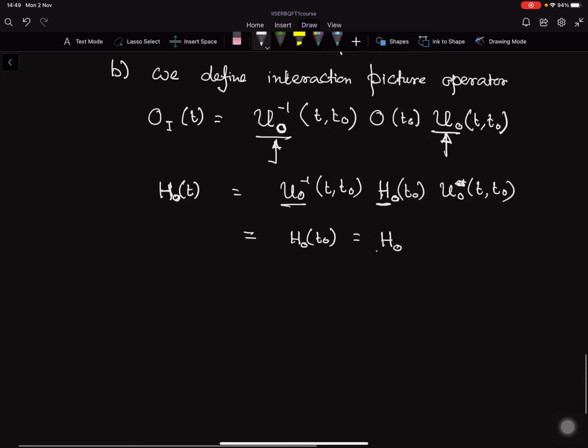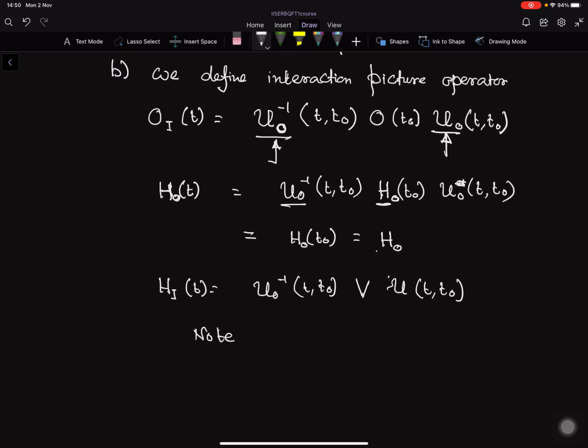But let's now try to consider the evolution of the interaction part. So this is the same as u0(t minus t0) times V, our interaction part, times u0(t minus t0). Okay, but note that V doesn't commute with H0.